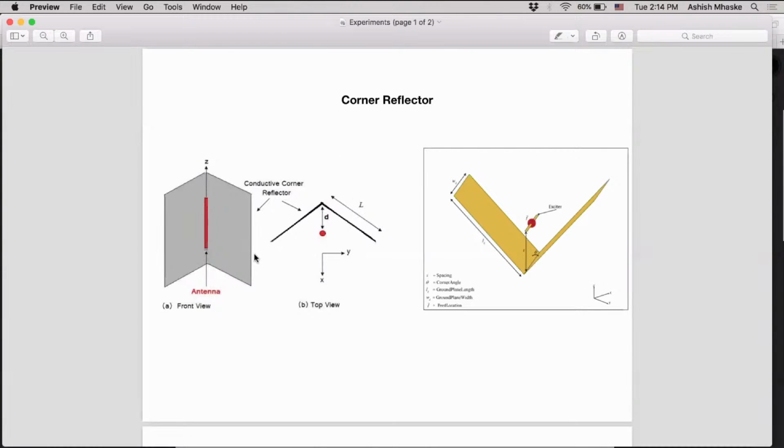So, in this experiment, what you are going to do is pair this kind of corner reflector with some aluminum foil or some metallic plate which can be stuck onto some cardboard plate or even a notebook. And you can place your mobile phone in front of this corner and see the difference in radiation with the corner and without the corner.